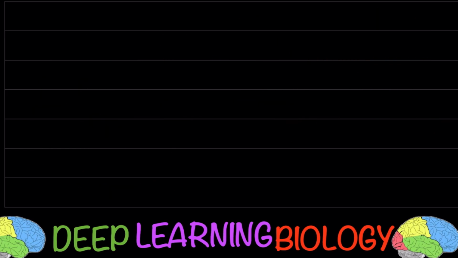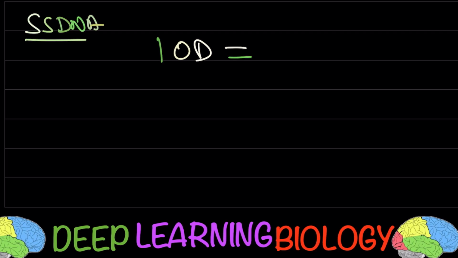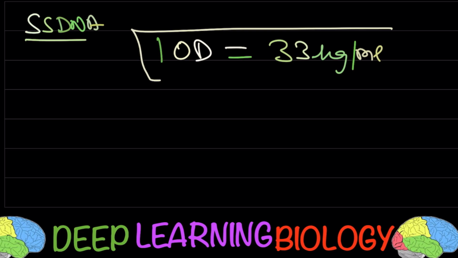Now try to see here. You have single stranded DNA. Hopefully you remember 1 OD for single stranded DNA is 33 microgram per ml, and for double stranded DNA it is 50 microgram per ml.